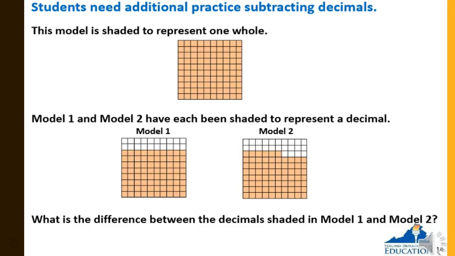Okay, and another type of problem that we really need to cover is subtracting decimals using models. Now, this was something that was sent to us teachers by the Virginia Department of Education. They analyzed the SOL test 2 years ago, and they said, oh, teachers, your students need practice with this.